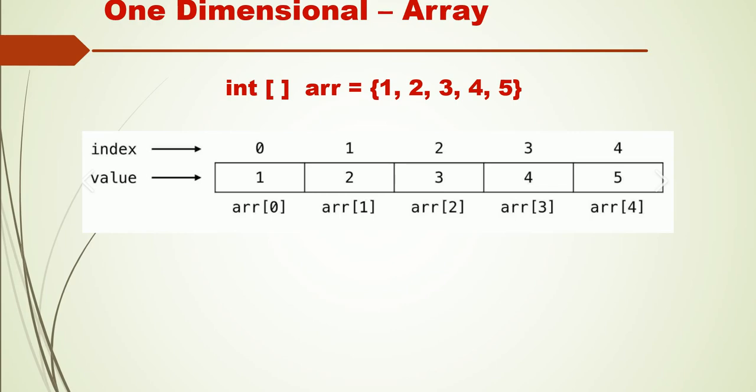Remember that index values always start from 0, and we refer to or access each element like arr[0] in square brackets, arr[1] in square brackets, like that.